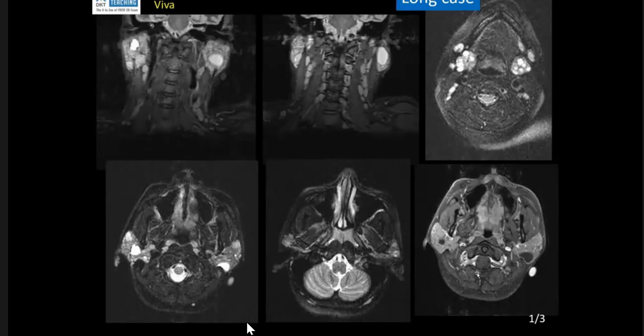I can see that there are multiple cystic changes within both submandibular as well as bilateral parotid glands, and in the nasopharynx. So what is happening here?